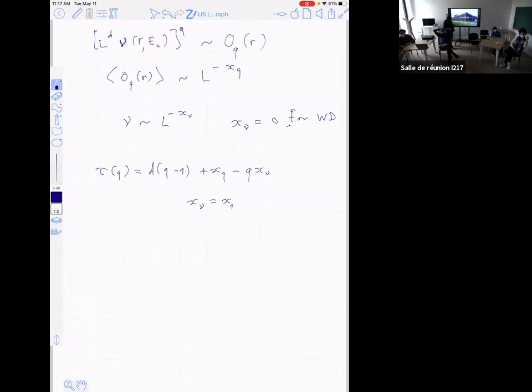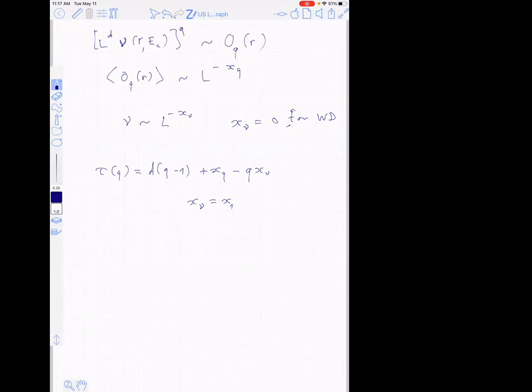Okay, so I wanted to say something about these dimensions. What's known about them generically is that, first of all, x0 is 0. It's trivial, right? You get a trivial identity operator if you raise something to 0's power.